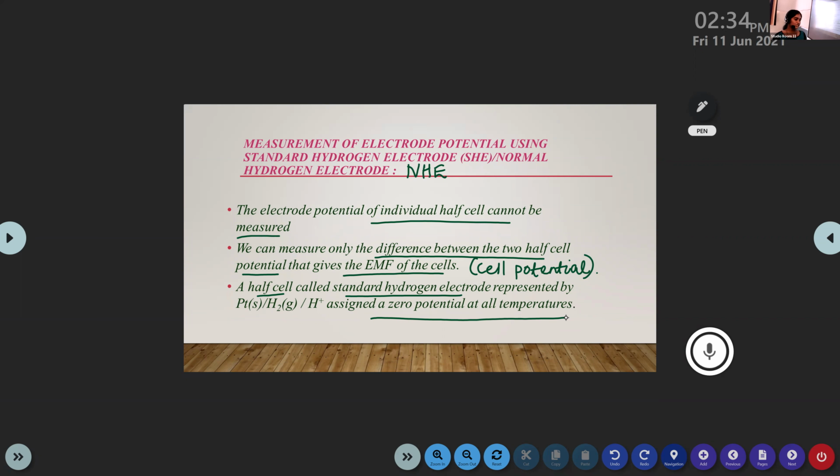So the cell potential value can be taken as the value of electrode potential of the other half cell. That's it. We can do one example, then you will get more idea about that. Have you completed this one? No, ma'am. Okay, whenever you finish, you tell me.